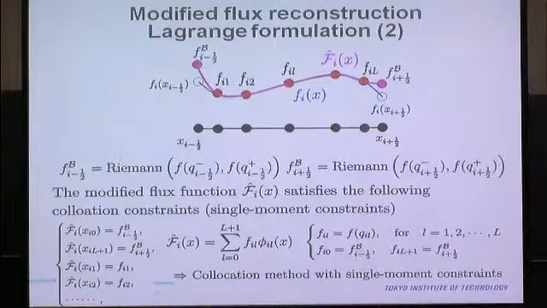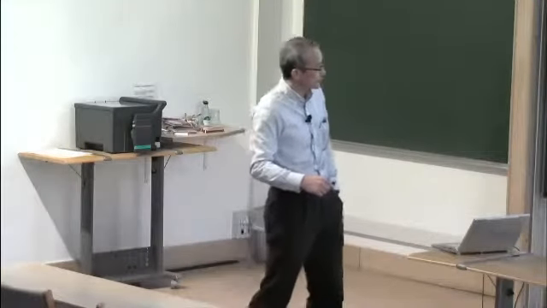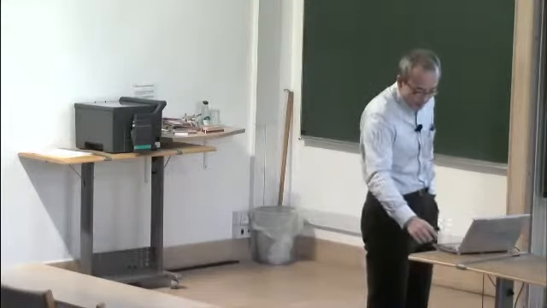So again, you can get a modified flux function like this. You have two additional constraints, which gives you maybe k plus 2 order of convergence rate.